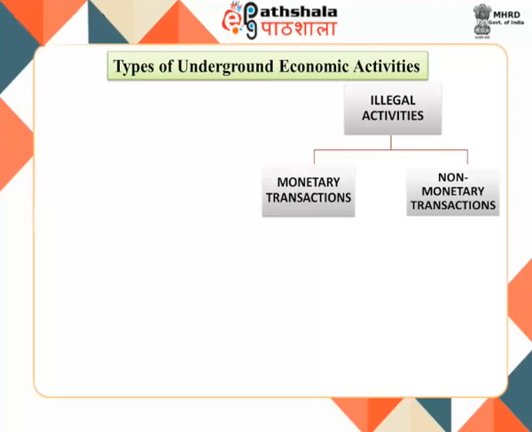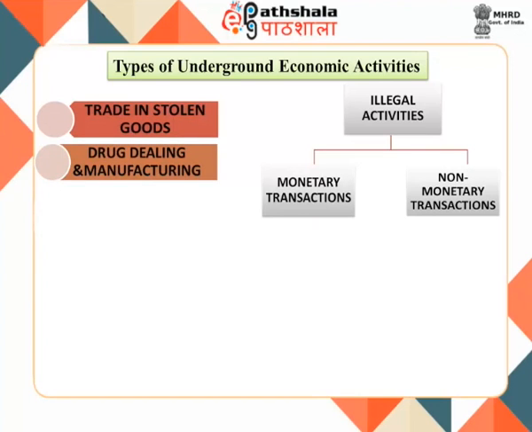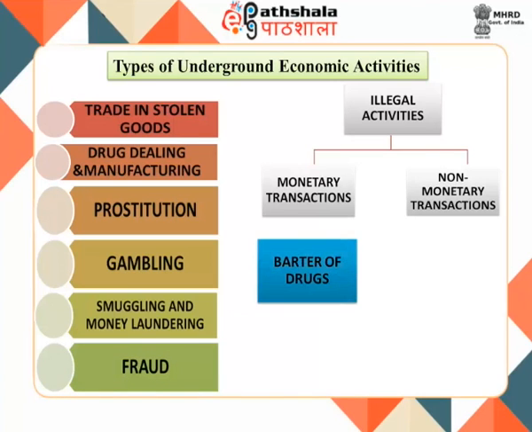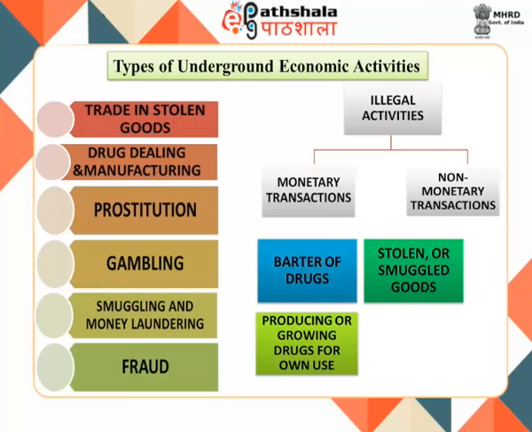Monetary transactions include trade in stolen goods, drug dealing and manufacturing, prostitution, gambling, smuggling, money laundering, and fraud. Non-monetary transactions include barter of drugs, stolen or smuggled goods, producing or growing drugs for own use, theft for own use.